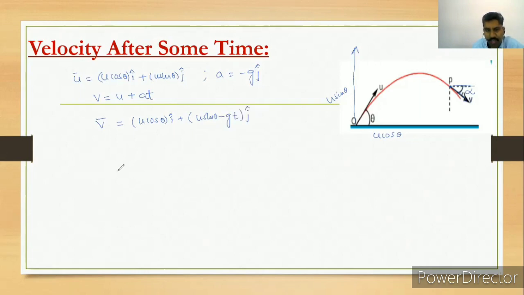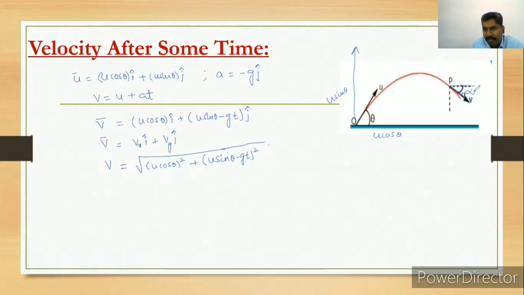So the v vector is equal to vx i cap plus vy j cap. Now its magnitude is u cos theta whole square plus u sin theta minus gt whole square.